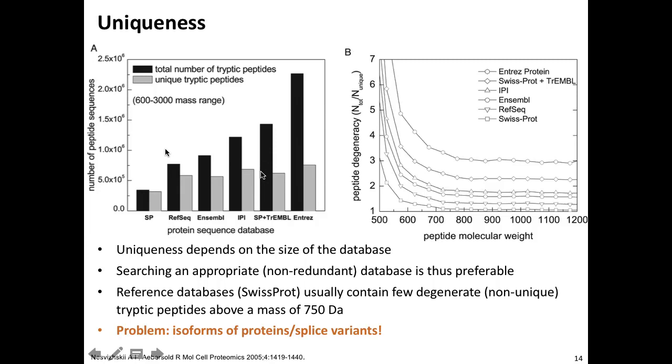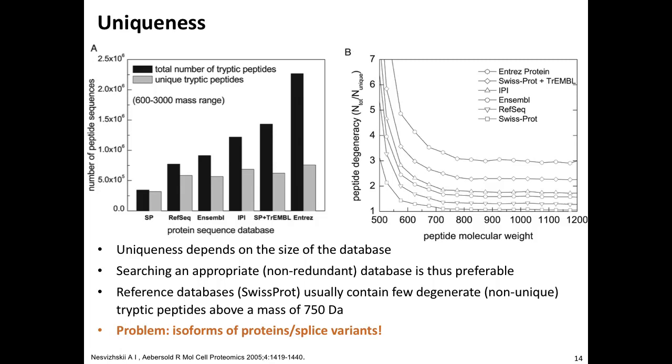And what you can see is that while the total number of triplet peptides goes up, actually the number of unique peptides levels off. So at some point you are starting to get the same sequences over and over again.